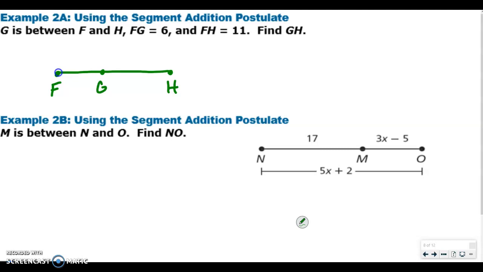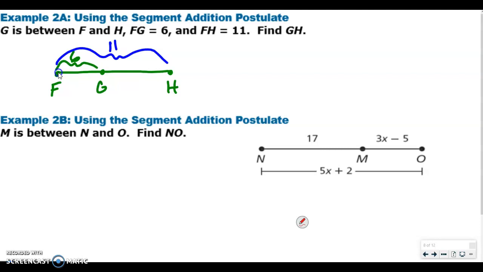We know FG equals 6, and FH equals 11. And then we need to find our missing segment GH.